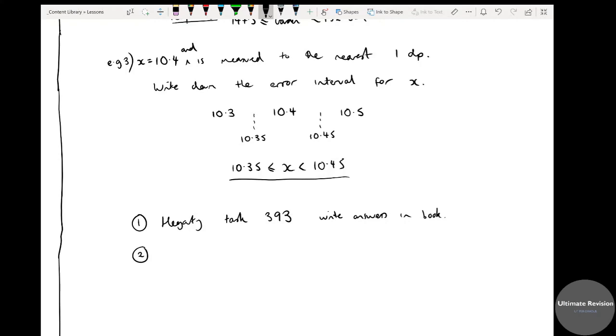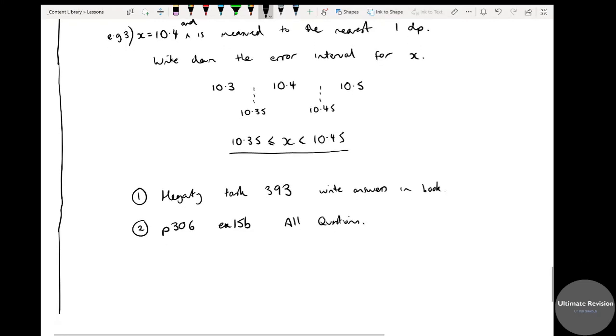So question 2. Now, the Hegarty tasks are not that good for this activity, so I'm going to go back to the textbook. It's going to be page 306, exercise 15B, and I want you to do all the questions. Okay, you do not need to write the question out, but I do want you to write down exactly what it says.